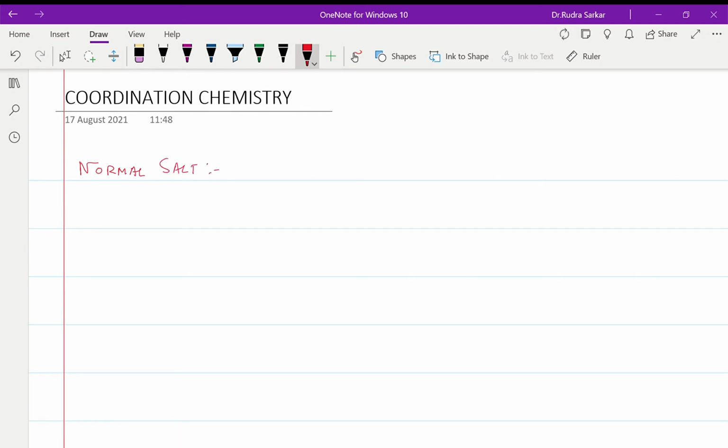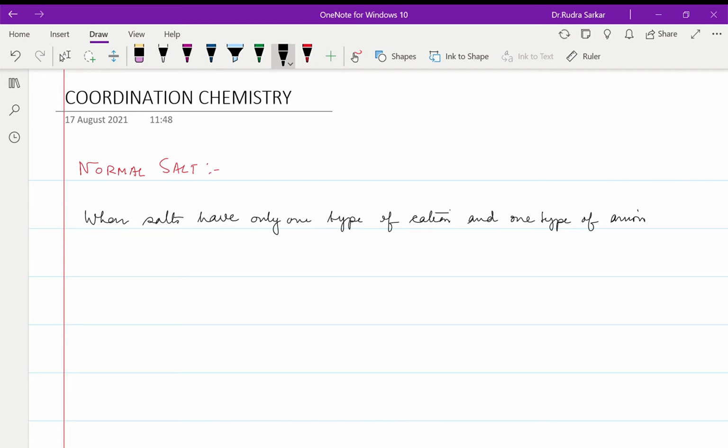When salts have only one type of cation and one type of anion, they are called normal salt.